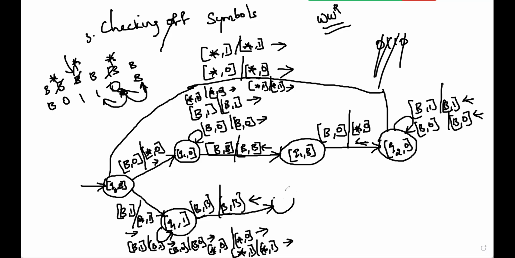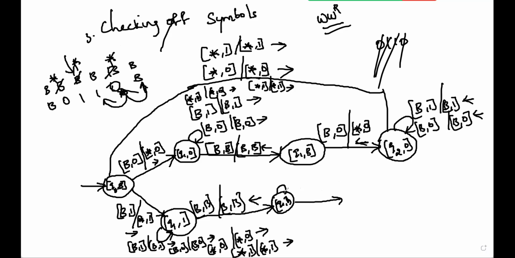So I'll use one more transition here, that is Q1 comma blank. So what is the symbol you are having? Immediately you don't have this blank comma 1. In between you are having star comma 0 also. That you have to skip out.